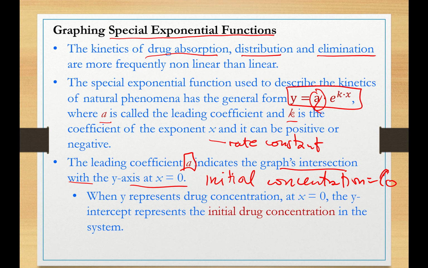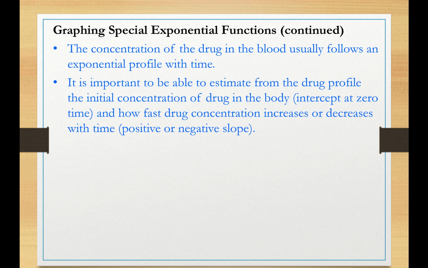Let's say you have given the dose by an IV bolus, what would be the initial concentration at time 0 in the blood? That should give you the C0. All right, I think we have discussed this anyway.